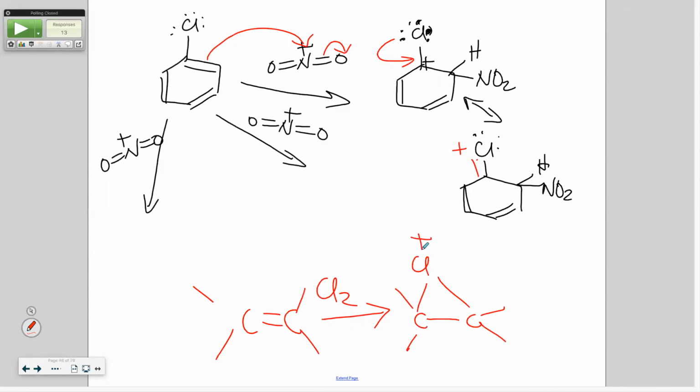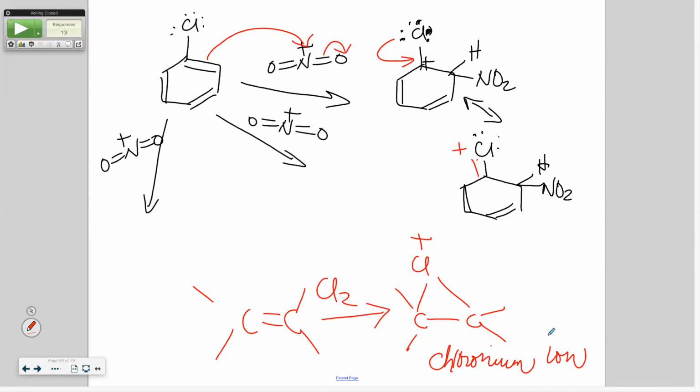What is that? Remember a chloronium ion? You got chloronium ions and bromonium ions. They're chlorines and bromines that have plus charges on them. You get them because they're big elements and they can help stabilize extra stuff with those lone pairs.